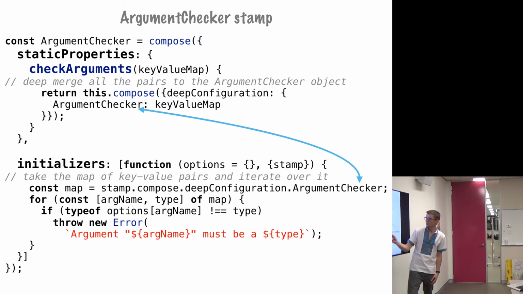I receive this stamp, get the deep configuration from it, and then get this property from it, and I get my map I was collecting from the previous times. Then I iterate over the map and check if options have everything, and throw a meaningful error, if anything.